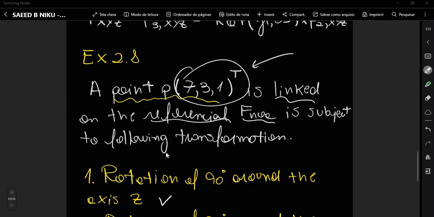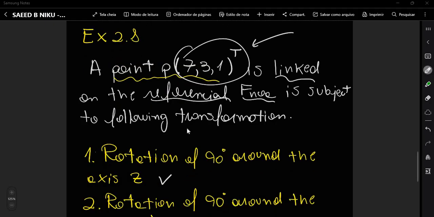Hi, and welcome back. In the last video, we solved example 2.8, which is about combined transformations.